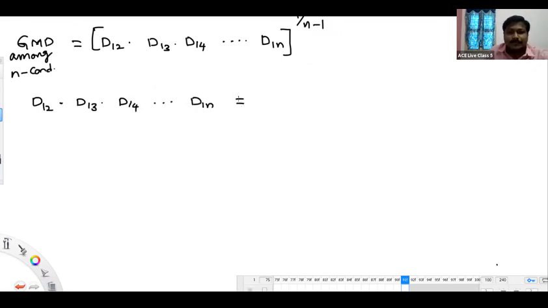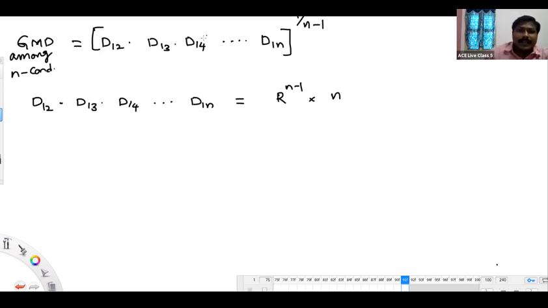If you calculate the product of those distances, it will come to be capital R power n minus 1 into n, where n is the number of conductors in that circuit.